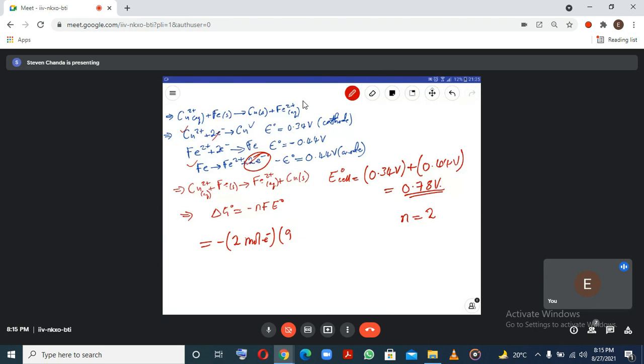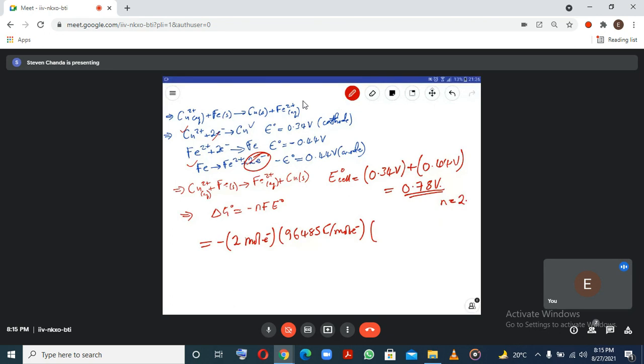Faraday's constant is going to be negative... no, sorry, 96,485, which is going to be coulombs per mole of electrons. Then the E cell. Let me just write the N somewhere there. So the N is 2 there.